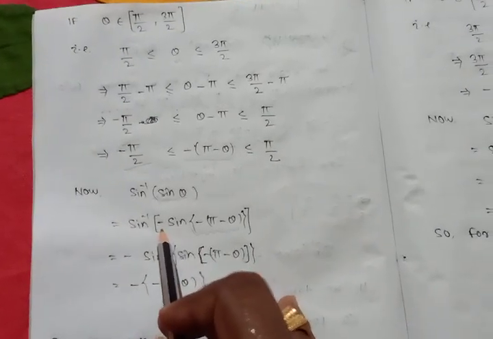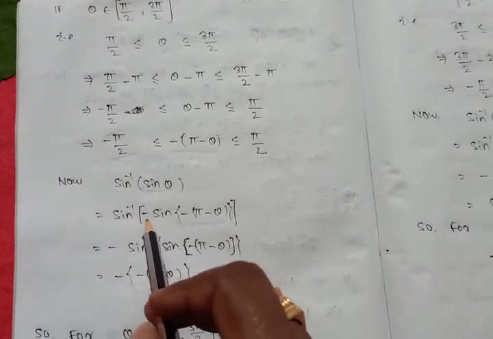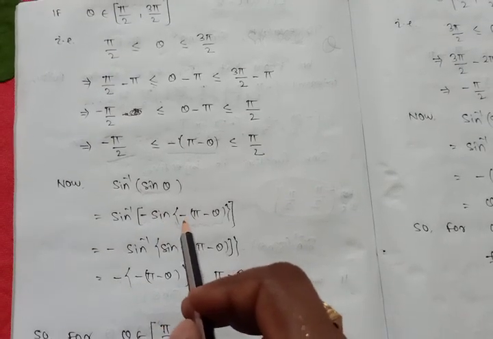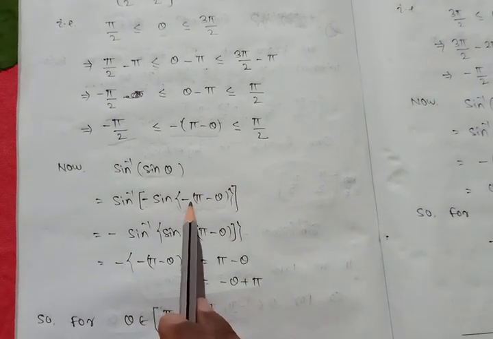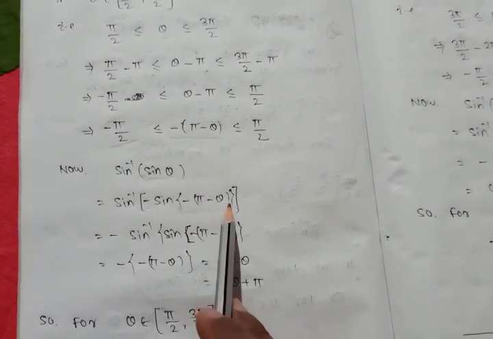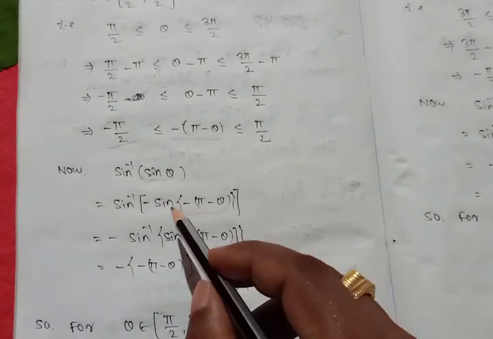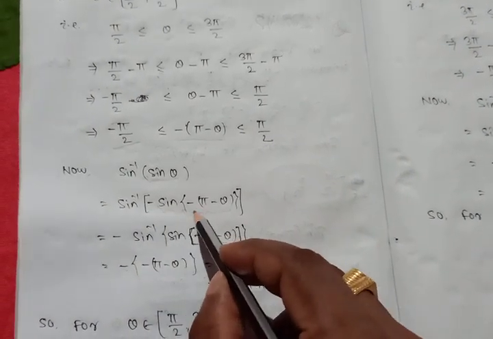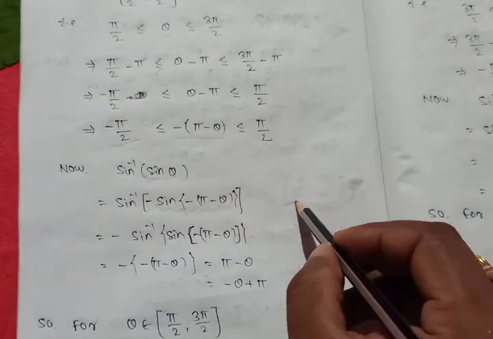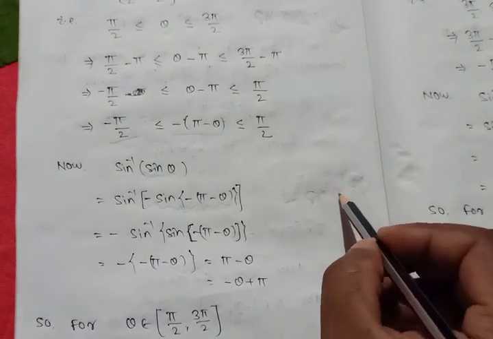Why am I putting an extra minus here? Because you think sine of minus theta will be minus sine theta. Sine of (pi minus theta) minus pi, you think about it, this part is nothing but minus of sine of pi minus theta.